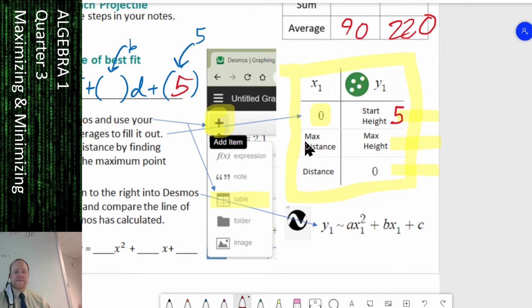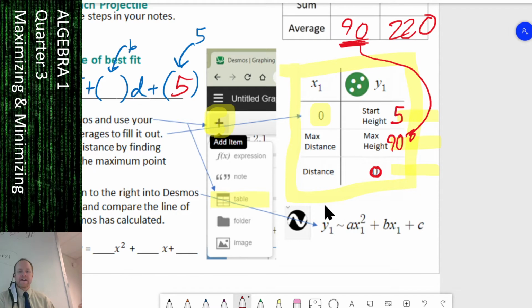We're going to skip this maximum distance right now. What we mean is the distance when it's at its max height. What we do know is our max height. You can take this number, where you calculated maximum height, the average, and type that in right underneath your 5 in the Y column. While you're filling out your Y column, you might as well fill this in as 0.